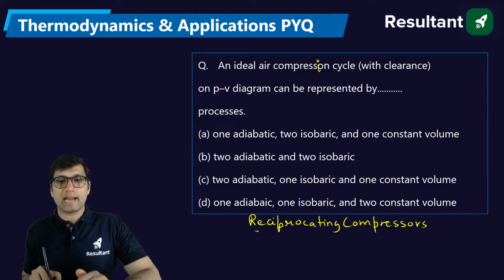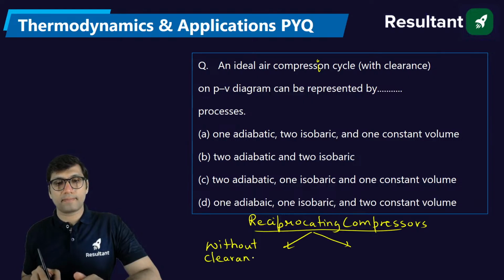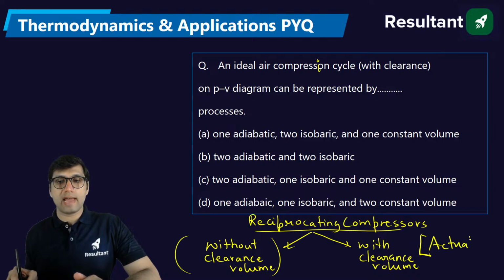In the ideal condition you study it without clearance volume, although that is the ideal case, because in the actual case we have to consider the clearance volume. When we consider the clearance volume, it is called the actual case. When we don't, it is called the ideal case.